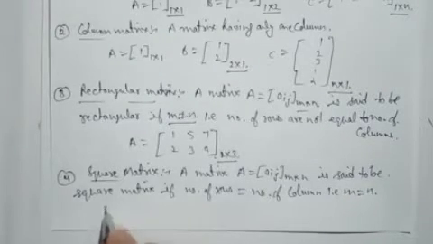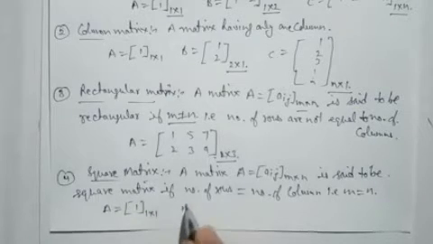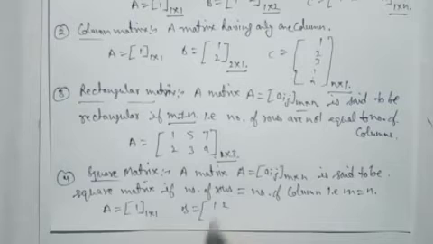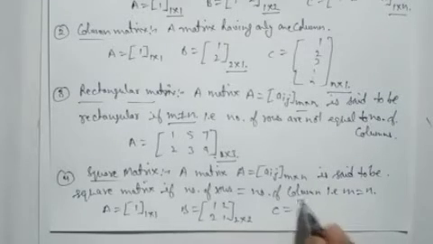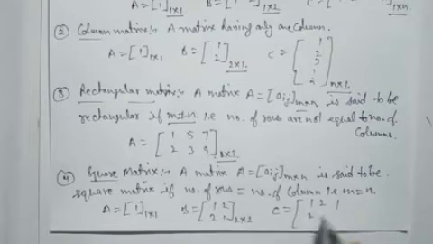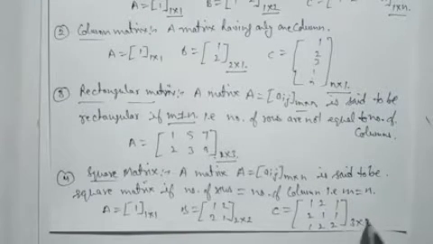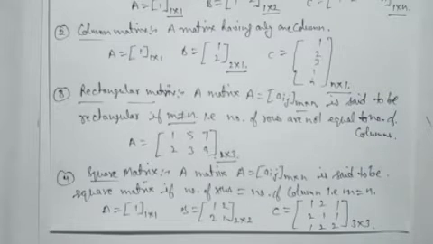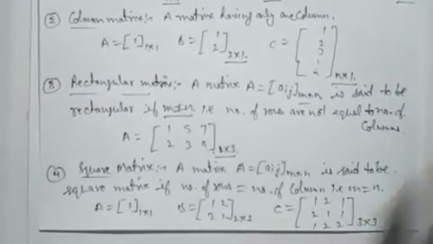So a square matrix can have order 1 cross 1, 2 cross 2, 3 cross 3. That means the number of rows is equal to the number of columns.